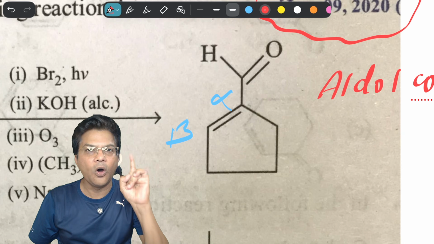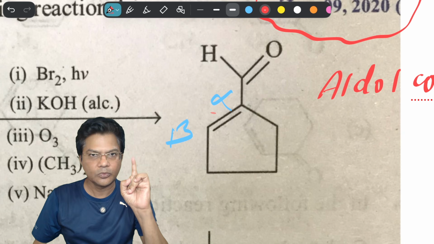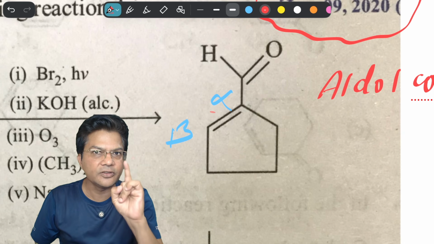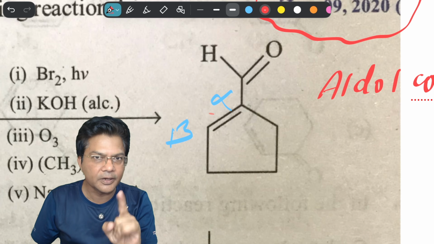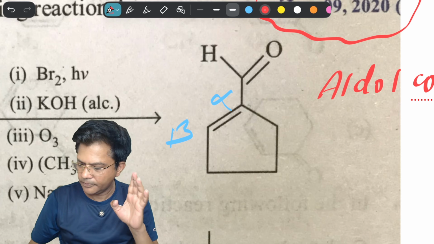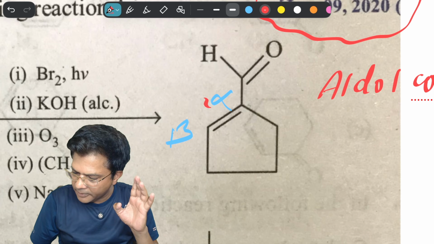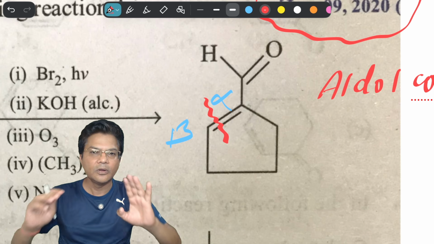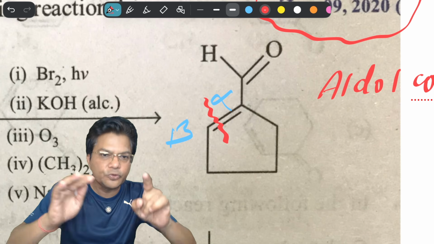Always give oxygen to beta. What I'm saying, always give oxygen to beta carbon and hydrogen to alpha. So break this bond in between alpha and beta, give oxygen to beta.